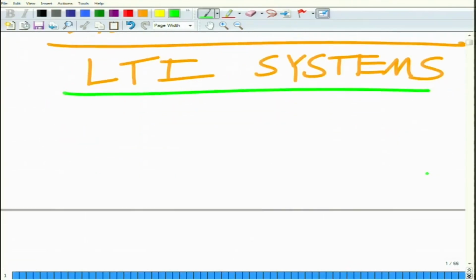Similar to what we have seen in the context of continuous time LTI systems, let us start with the fundamental quantity, that is the impulse response.